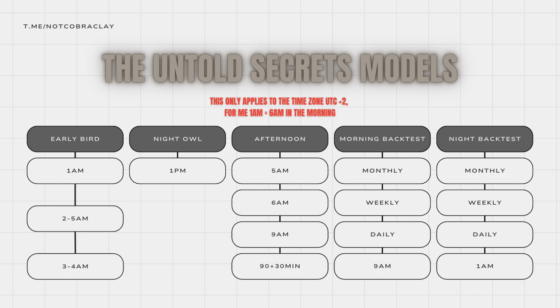I like to stay up late, so I would trade London models. If you like to backtest in the night and you have a lot of time in the night, or you have to work in the morning, then you can backtest as always the monthly, weekly, and daily model as mentioned. And I would like you to backtest the 1 a.m. model, because if you always work in the morning, you can backtest the 1 a.m. model and see what you're missing out on Asia and London.